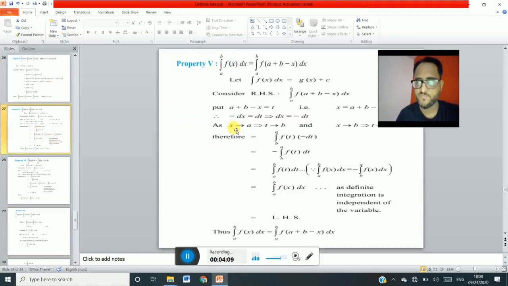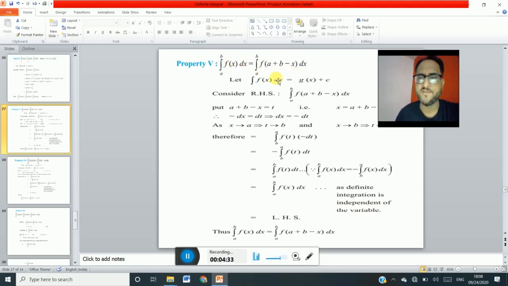After this is property number 5, that is integration from a to b of f of x dx equals integration from a to b of f of a plus b minus x dx. What is this? The variable is replaced by the sum of the upper and lower limits minus the variable, where the lower limit is a, the upper limit is b, and the sum is a plus b, minus x is the variable.